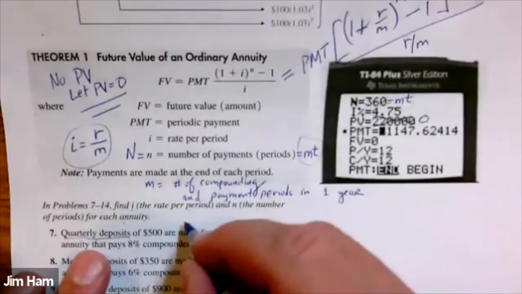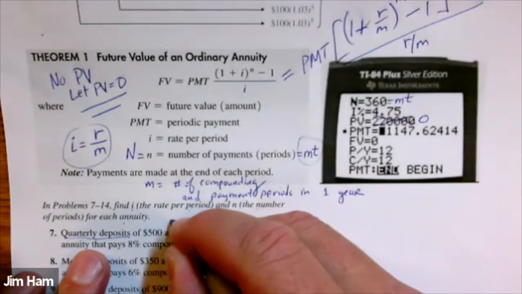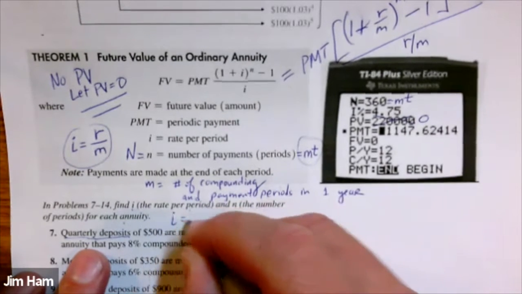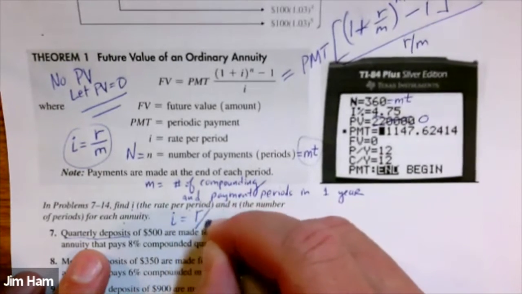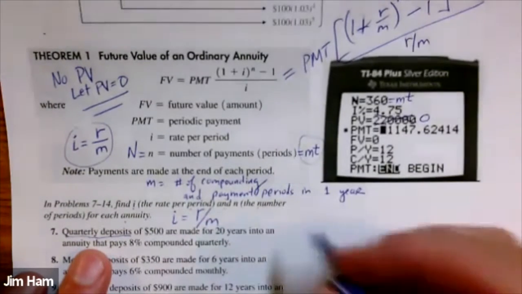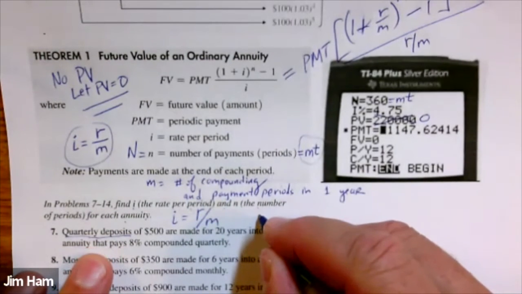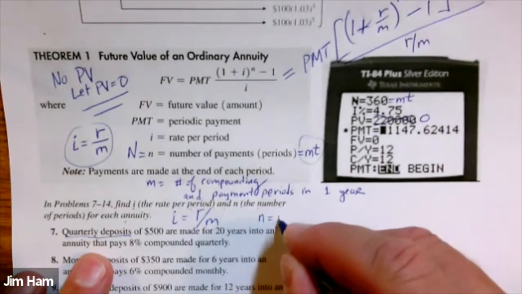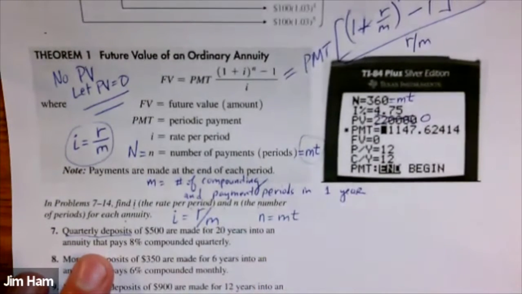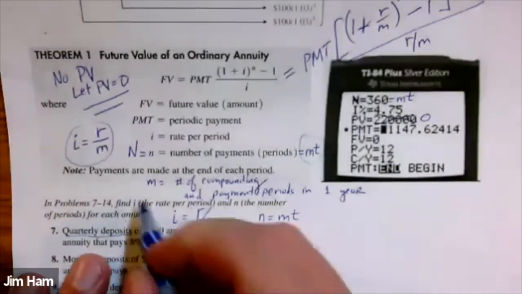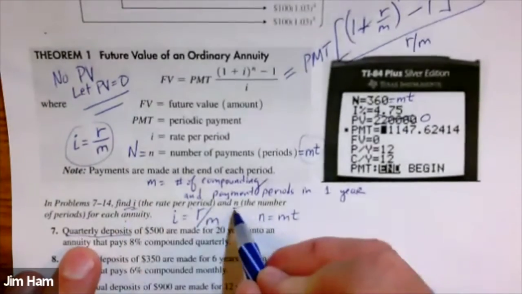So what they want you to do here is to say, well, I is equal to R over M, and N is equal to M times T. So those are the two formulas, find I and N.